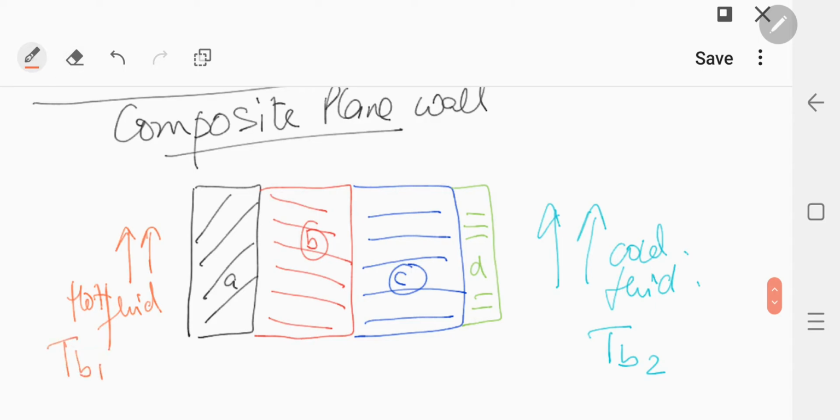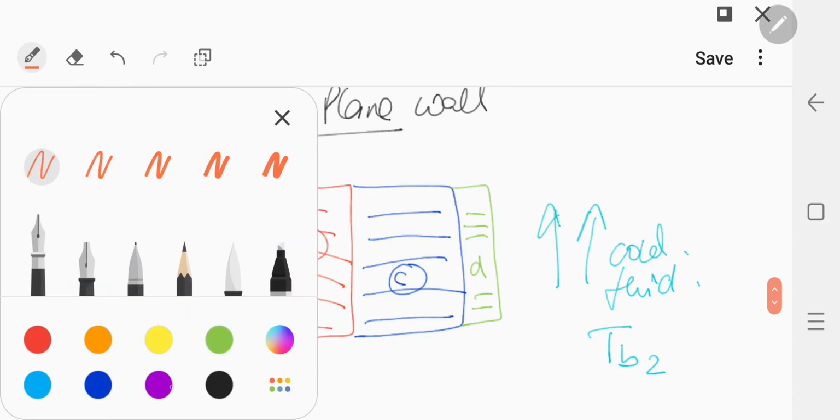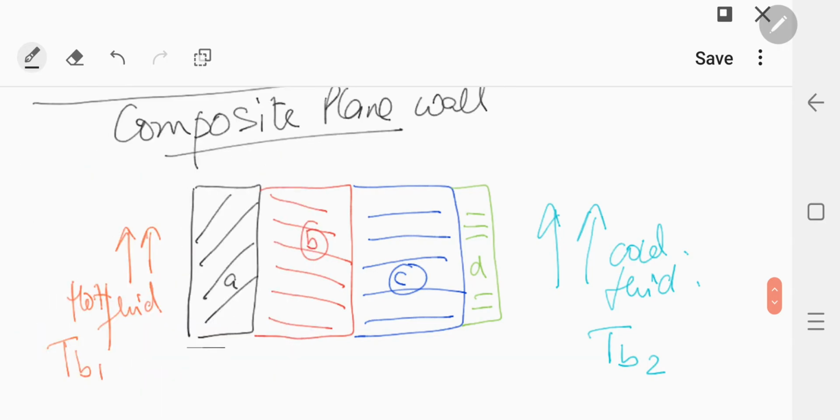Let's represent the temperatures at x equal to 0. Let's say this is T1, sorry, T1. Over here it's T2, over here it's T3, T4, and T5. That means the temperatures at the interfaces.